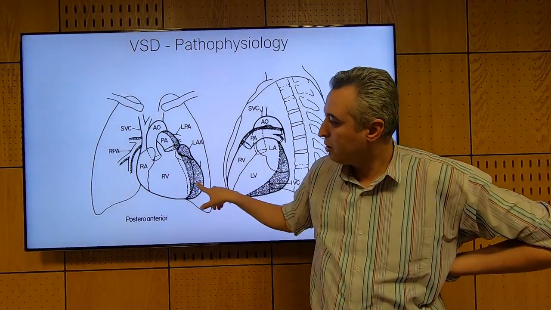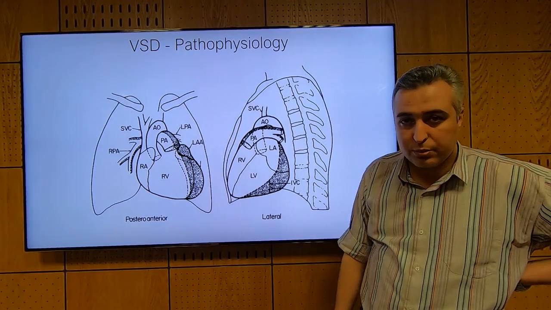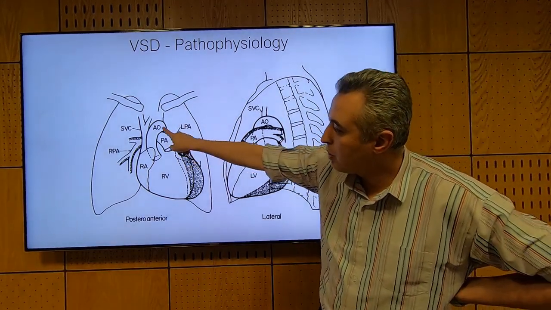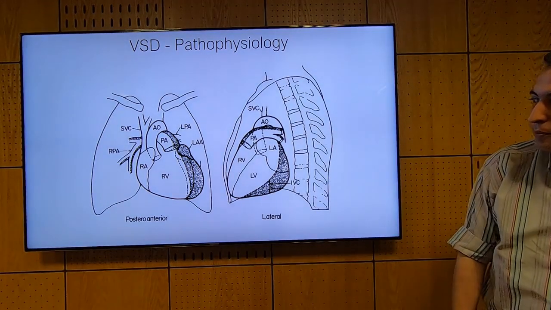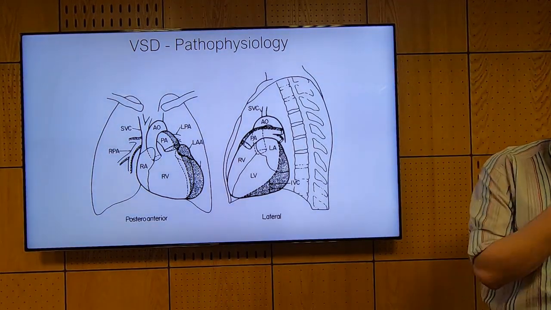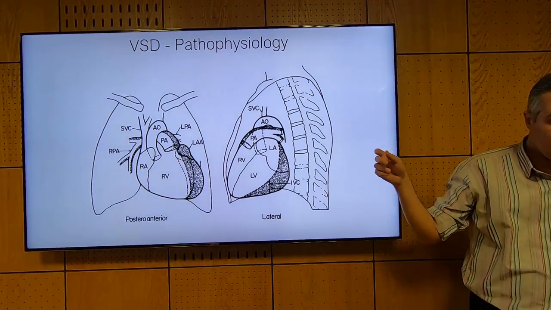So the cardiomegaly, the enlarged atrial shadow. You get an enlarged pulmonary artery shadow. You get plethora. And the double contour for the left atrium.